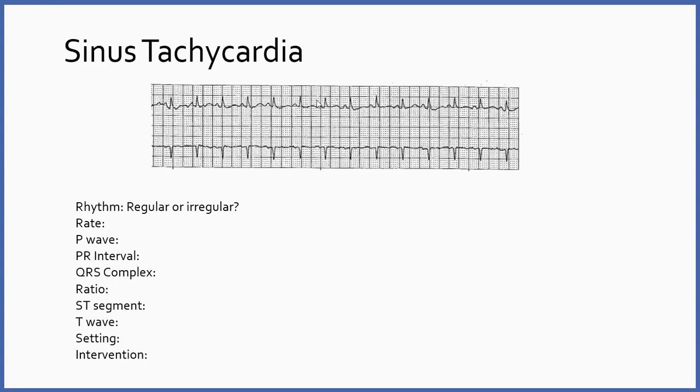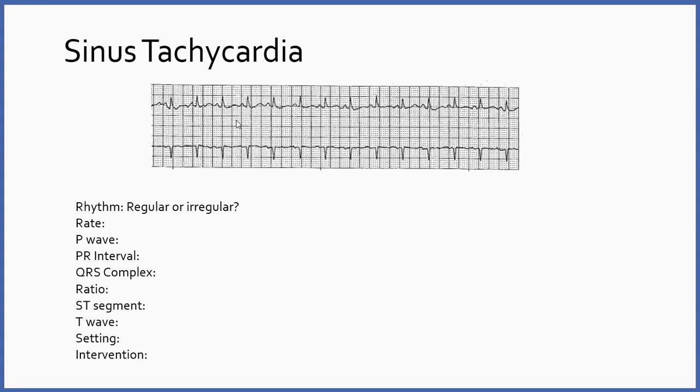Now, one thing you may notice when you're looking at this strip, especially the front part of it, is there's a bunch of gunk. There's a bunch of artifact. Remember, we're recording from electrodes that are stuck on a moving, breathing, scratching, itching, coughing person, and some of the weird bumpiness that you're seeing is most likely because of that. It might be that we need to make sure the electrodes are sticking really well.